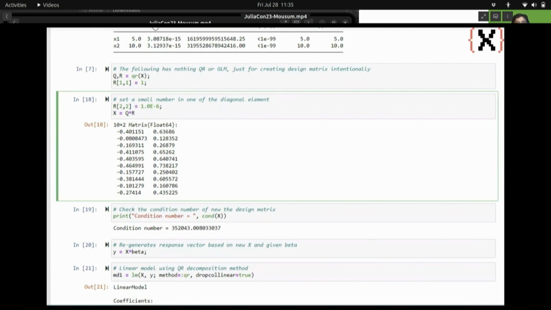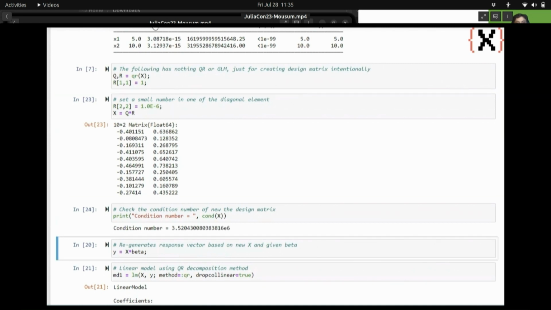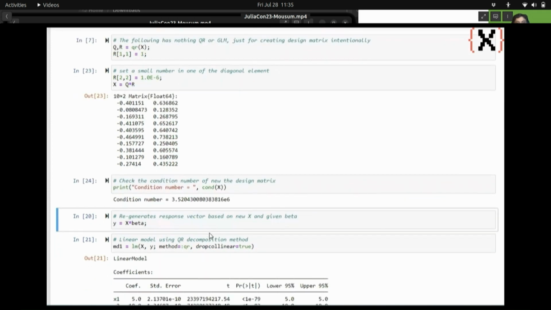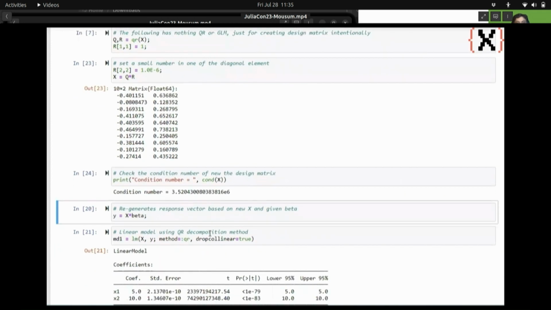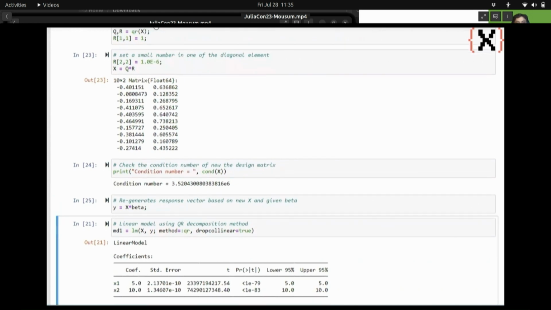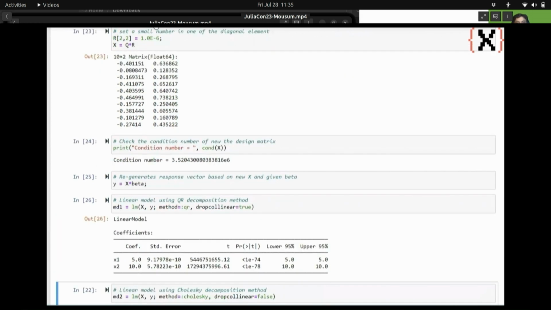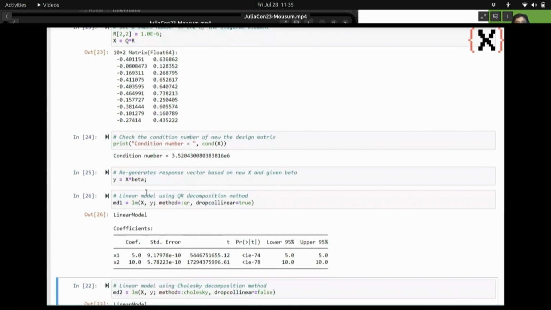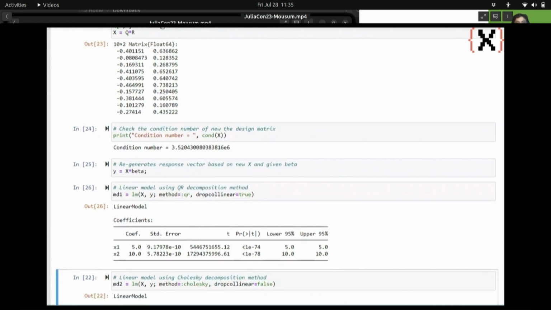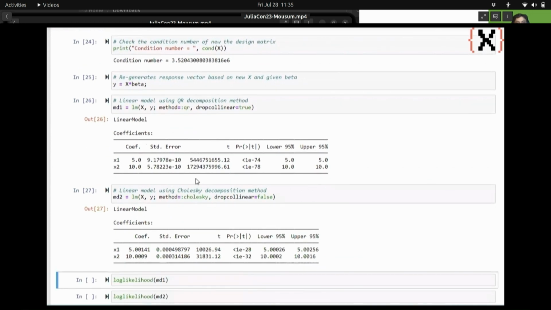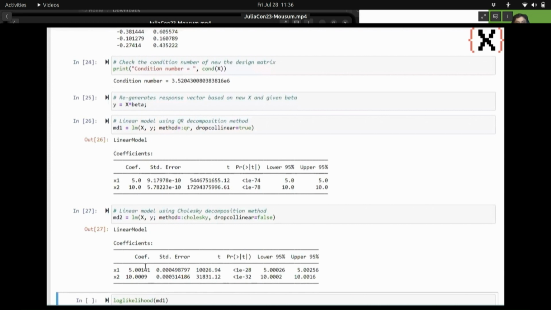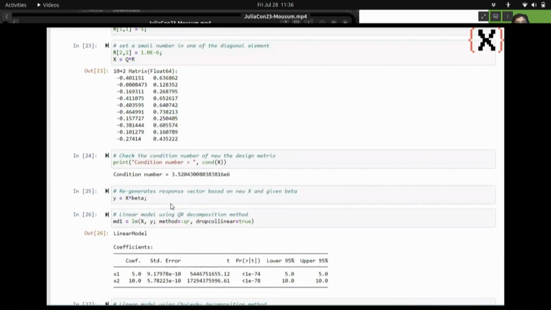Let's manipulate X in such a way that the condition number is in the scale of 10 to the power 6 and it is less than 10 to the power 7. Okay, still I am getting perfect estimates using QR decomposition, but you can see that accuracy is decreasing as the condition number increases.